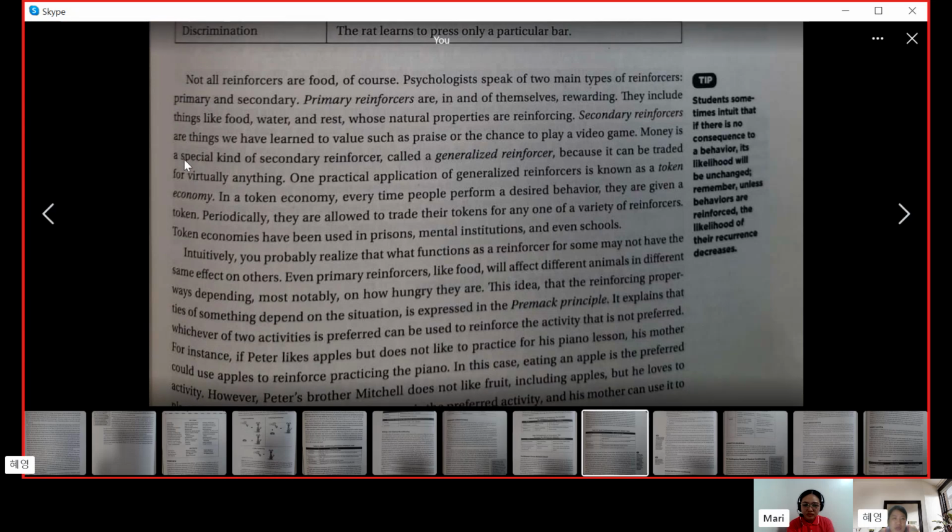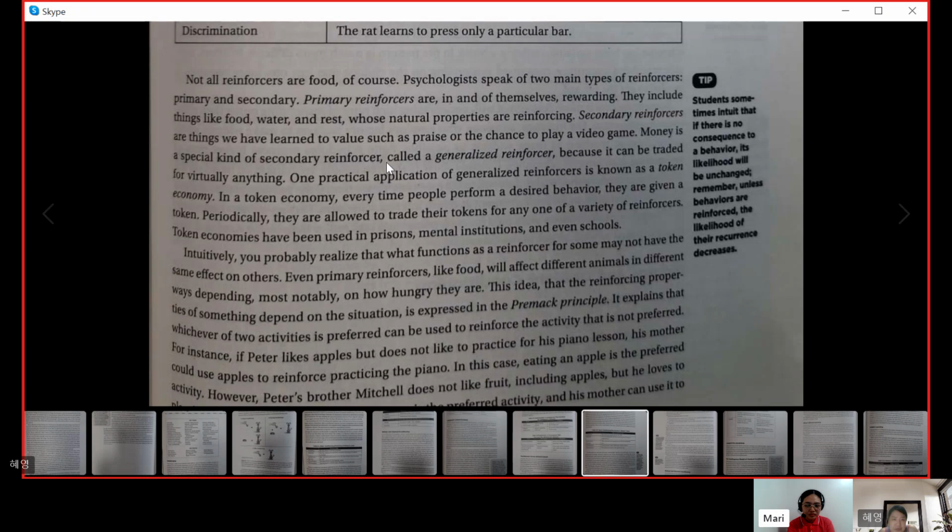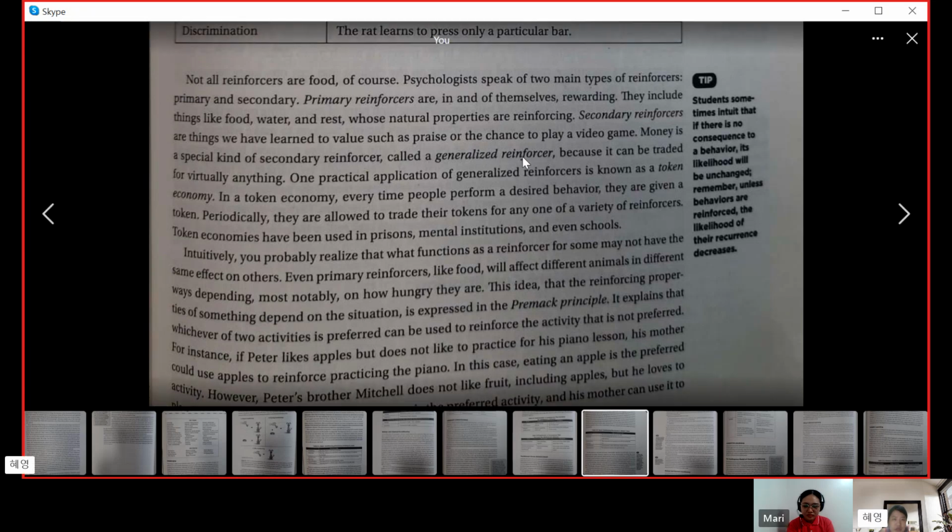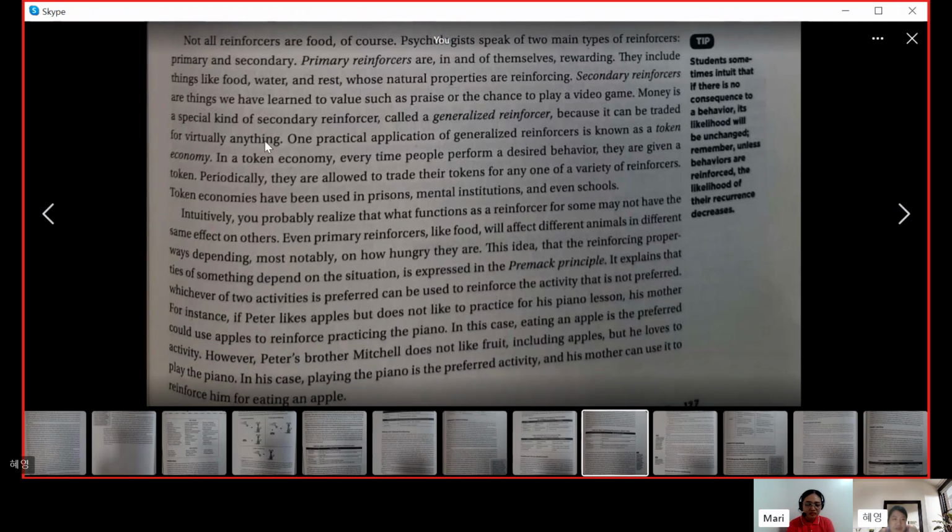Money is a special kind of secondary reinforcer, a generalized reinforcer, because it can be traded for virtually anything.